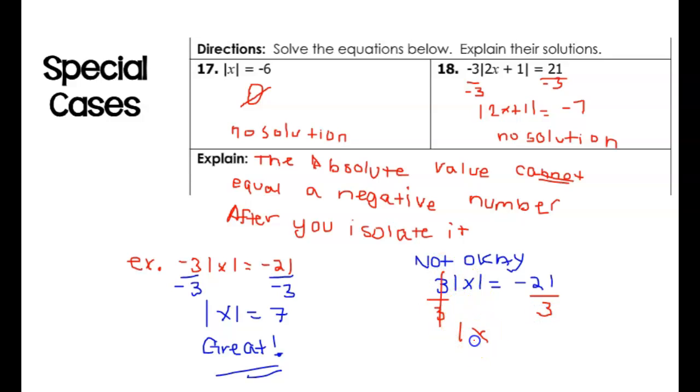I get the absolute value of x equals -7. That is not good. An isolated absolute value cannot equal a negative number. Are we all on the same page? I know when I see that there's going to be no solution. Okay, no solution.